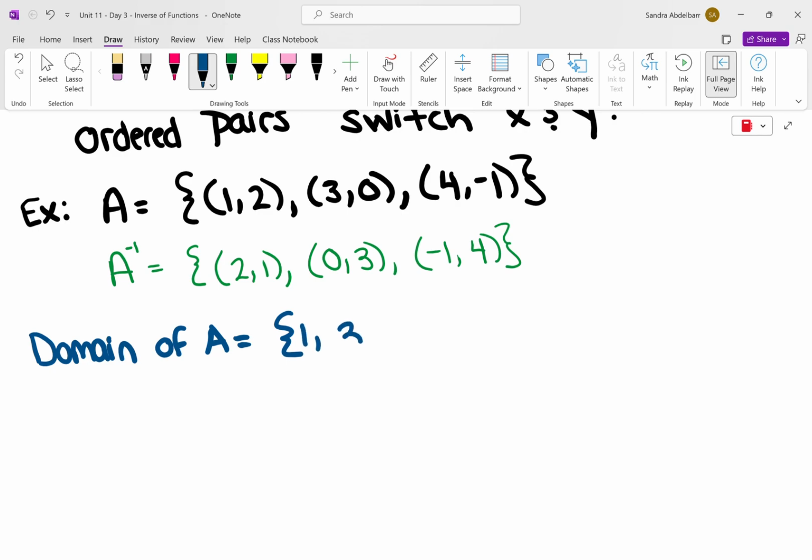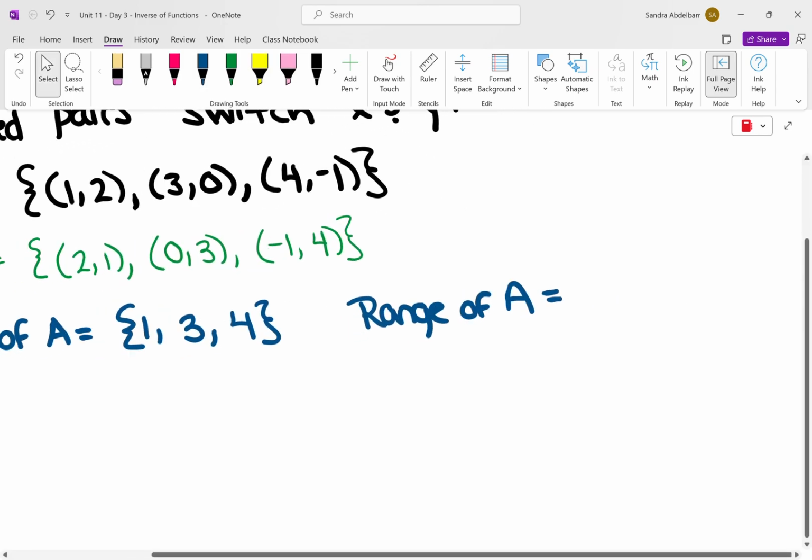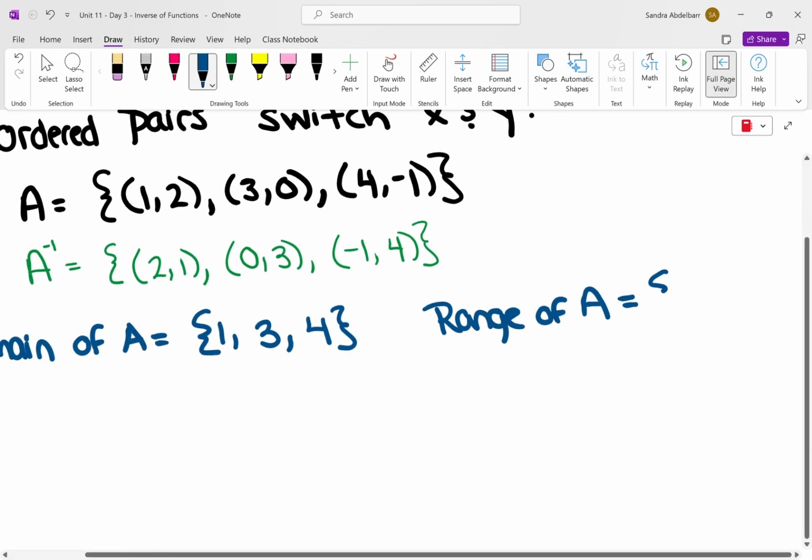So we have 1, 3, 4. I also want us to find the range of set A. If I'm trying to find the range of the set, it's going to be all of the y coordinates. So we have 2, 0, negative 1.